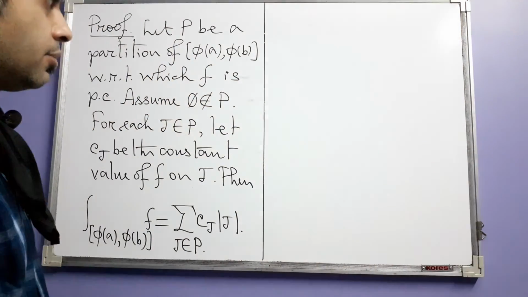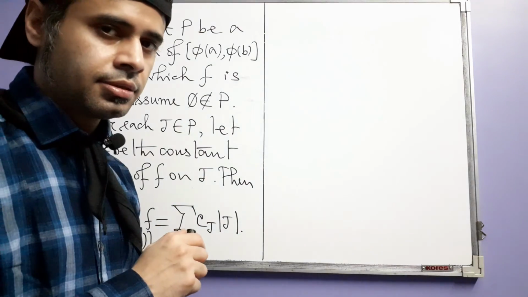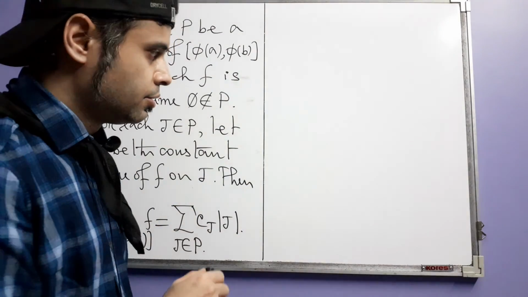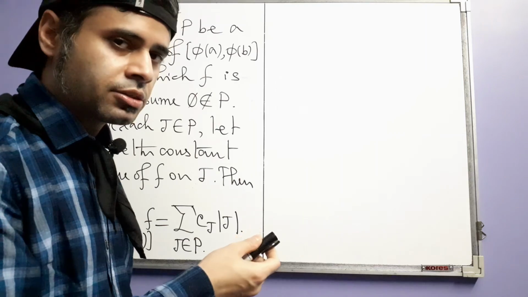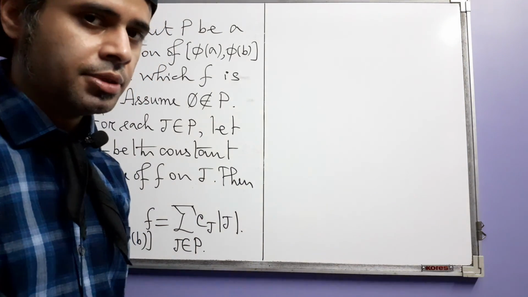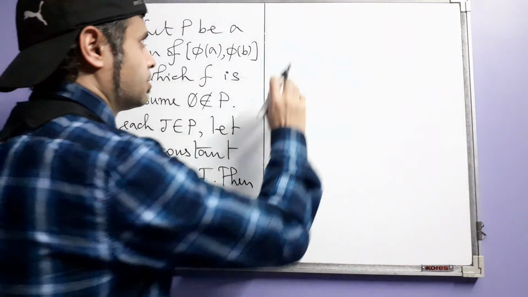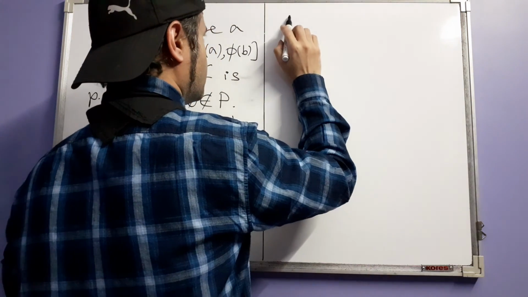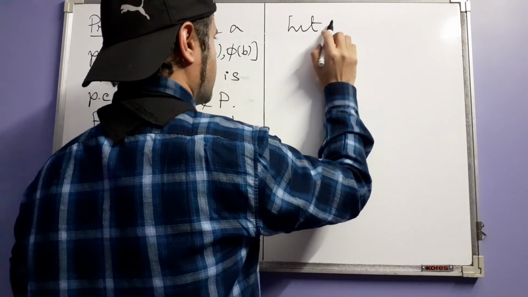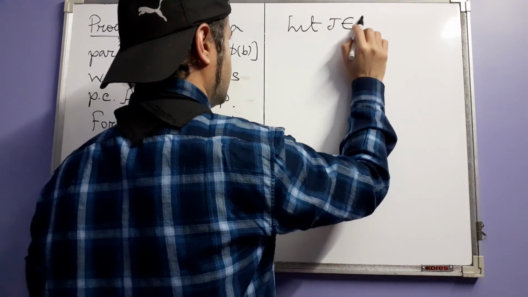So we now need to guess that partition with respect to which f composition phi will be piecewise constant. So let us consider any j in P.